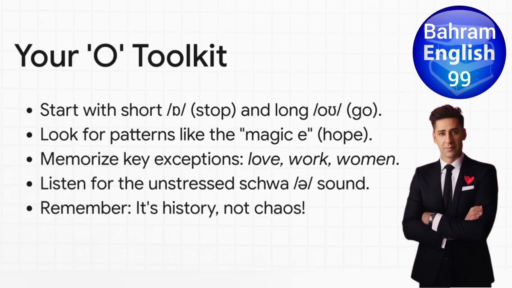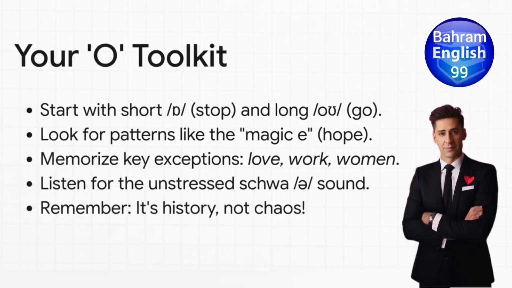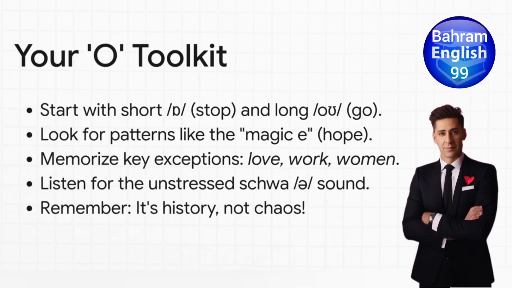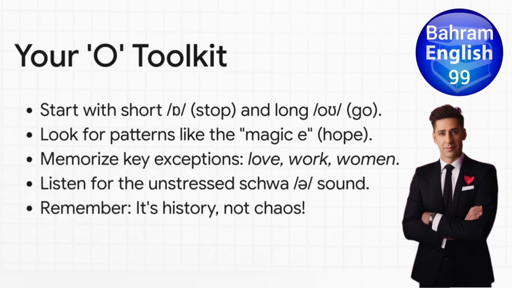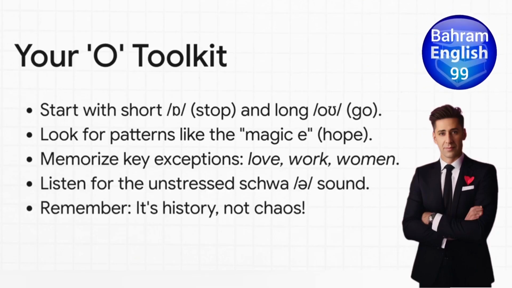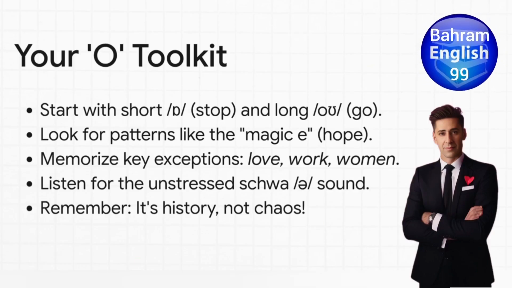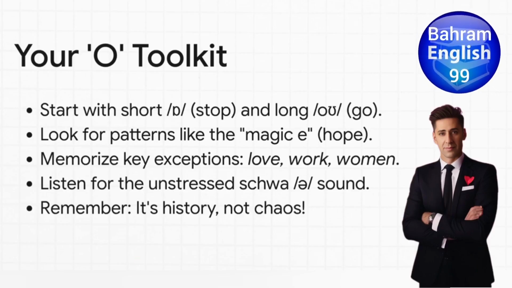Then check for patterns, like that magic E. If those don't fit, ask yourself if it's one of our key irregular words, like love or work. For any longer words, always listen for that lazy, unstressed schwa. And finally, just remember, English pronunciation isn't just random chaos. It's a result of a long and pretty fascinating history.